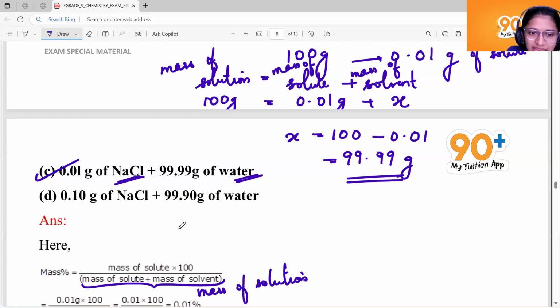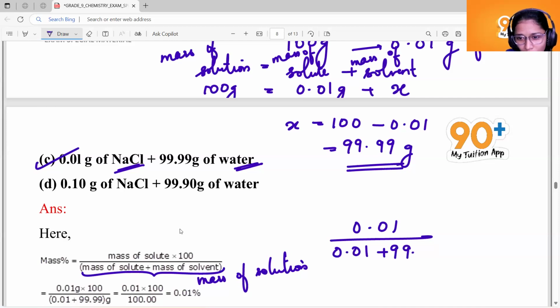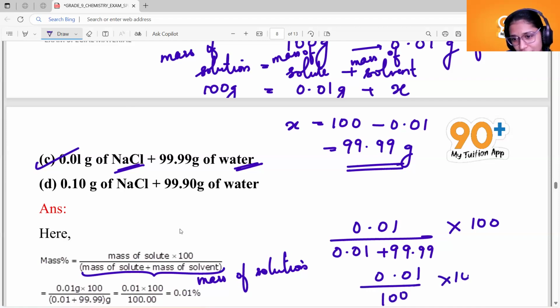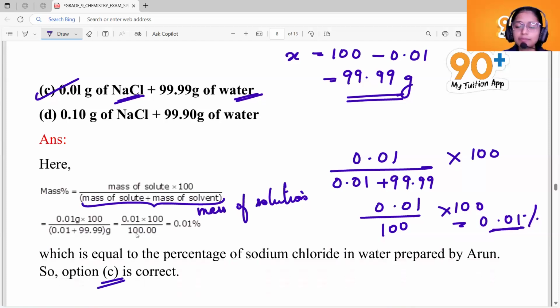So we'll take option C and work it out, okay? 0.01 divided by 0.01 plus 99.99 into 100. 0.01 by 100 into 100 is equal to 0.01 percentage. Is it clear? So your option C is correct.